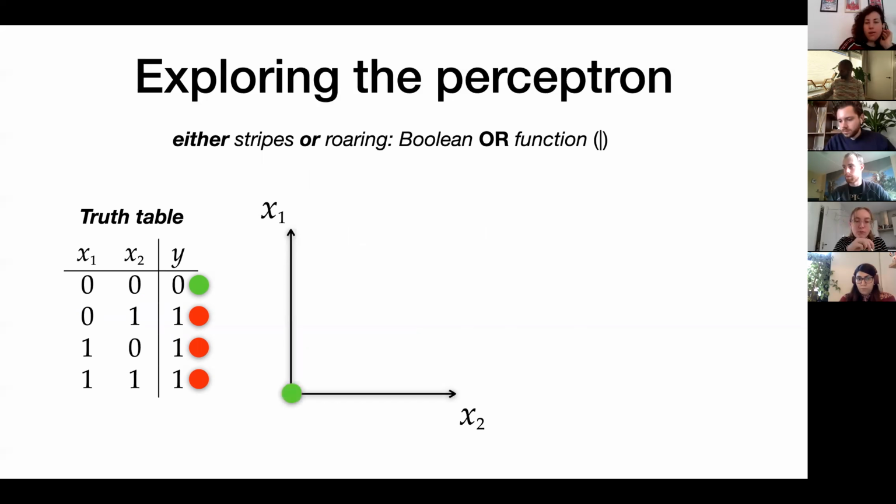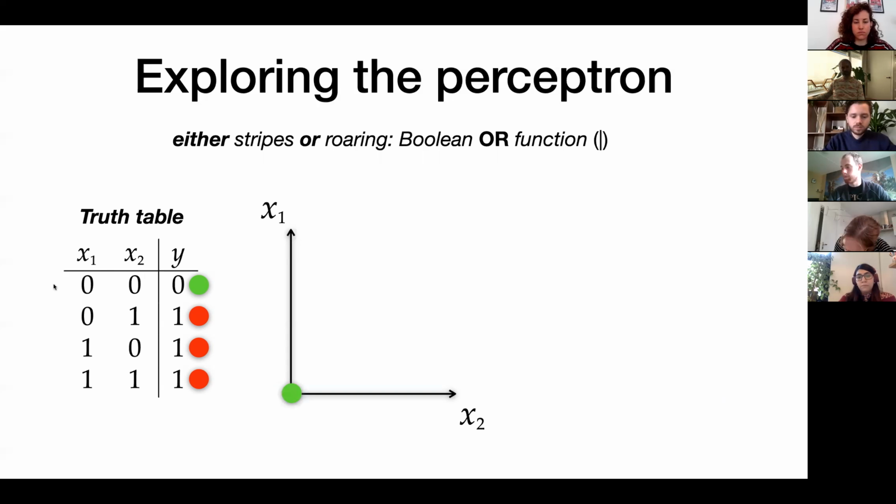And this is the truth table here of inputs versus outputs. Because this is an OR function, what it means is that when any of the inputs are 1, the output will be 1. That's what this table here signifies.